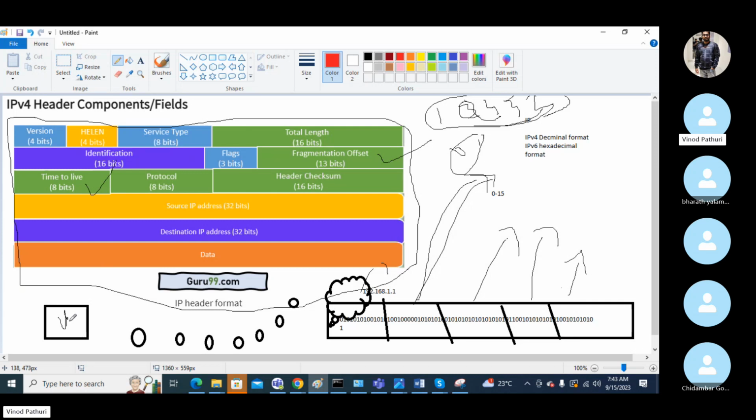Then when you pass each hop or each router in your network, the value increases by 1. So now you will become 31, then it will come here, you will become 32, and then 33.